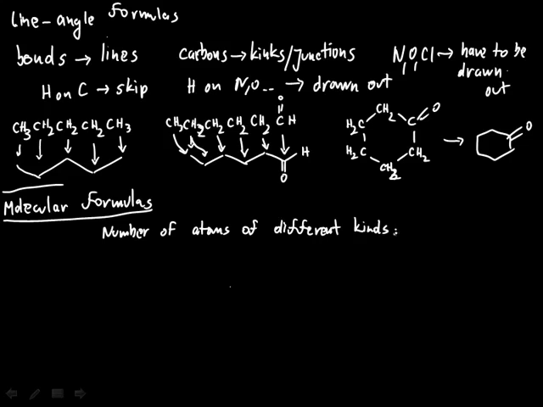For example, if we have an alcohol such as this propanol, this, in terms of molecular formula, is simply C3H8O. The reason why we studied these in the first place, although they're not very informative, is that they're experimentally obtained numbers. They come from elemental analysis.